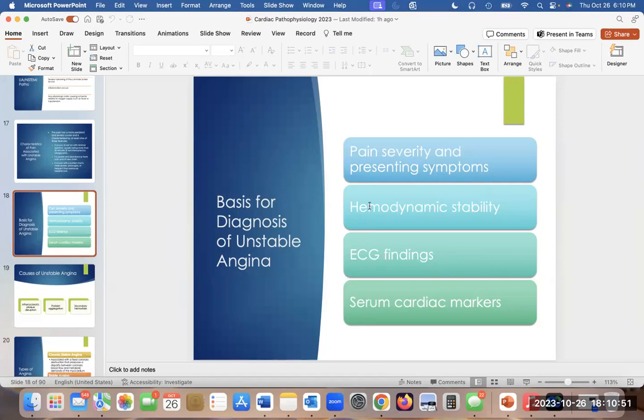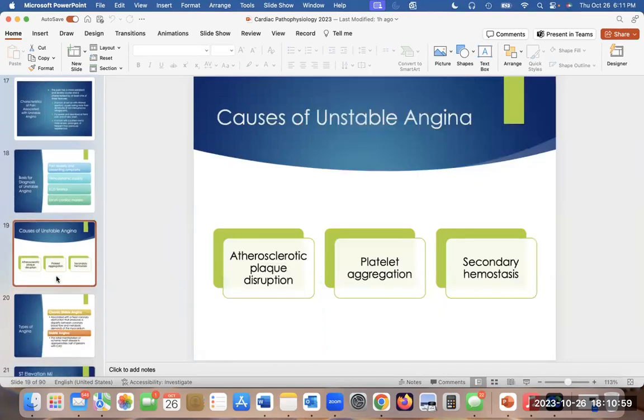Like what's going on in their blood, what's going on with those lab values, those EKG, all of this, especially for med surg questions. We already talked about the different causes for angina: plaques or platelets, something causing some sort of ischemia or blockage, or secondary hemostasis, which is a blockage of blood flow caused by something, maybe a vessel ruptured or things like that.